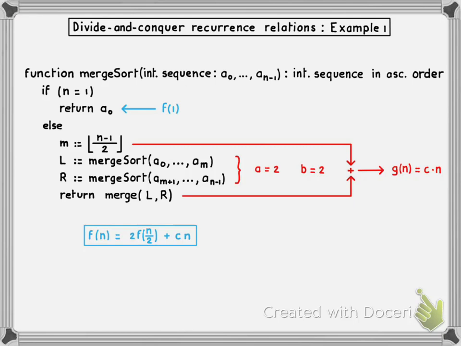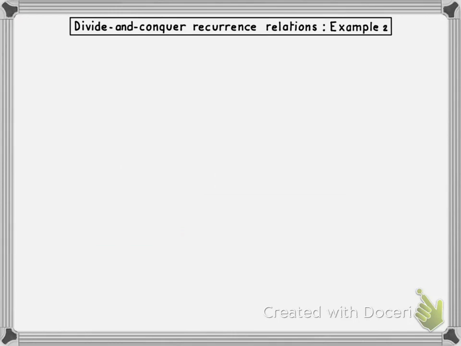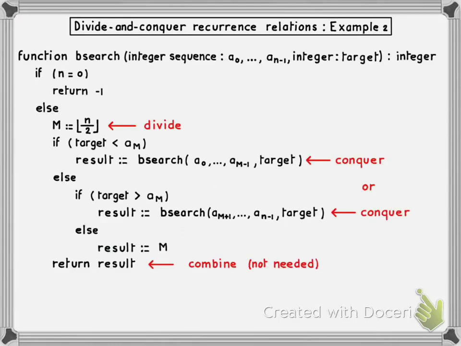But for now, we're going to turn our attention to a second example, and that example is the binary search algorithm we discussed earlier. And all we want to do here again is determine the divide and conquer recurrence relation that models the runtime of this algorithm.